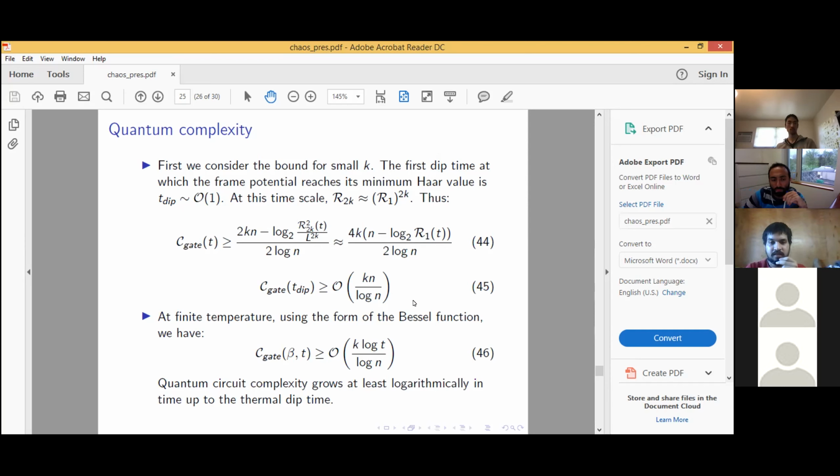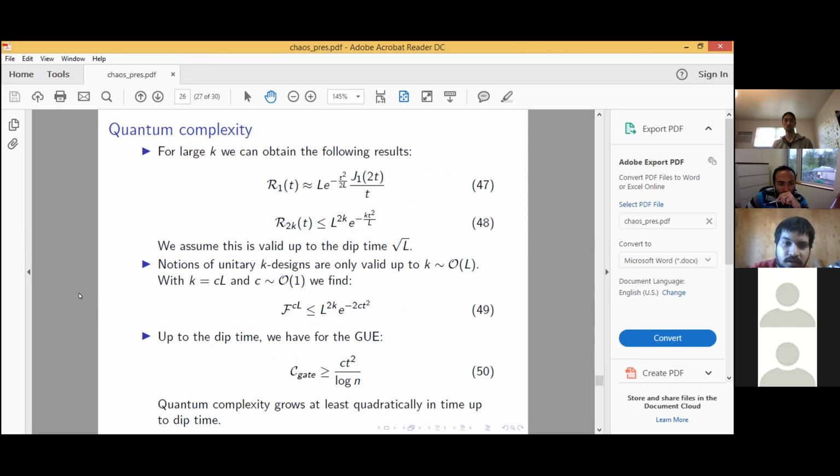At finite temperature, we can use the form of the Bessel function, which goes as t to the minus 3/2, and there we obtain that the complexity has a log time dependence. So up to the dip time, the quantum complexity grows at least logarithmically in time.